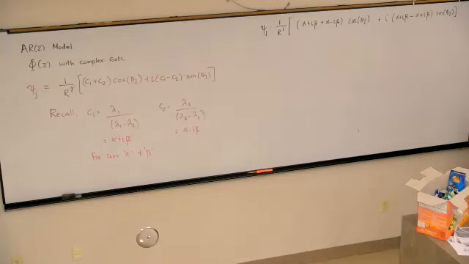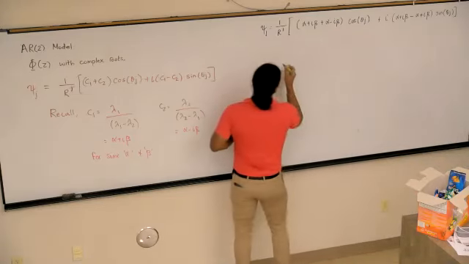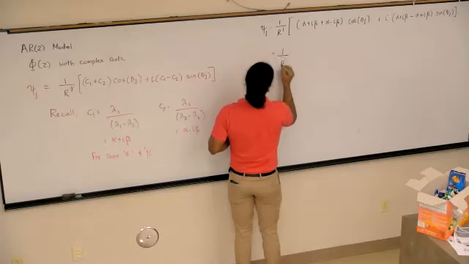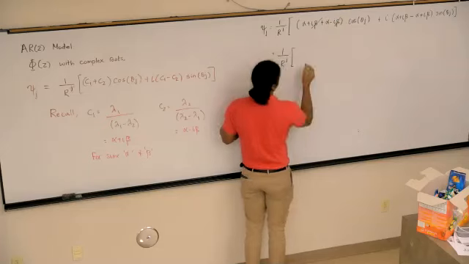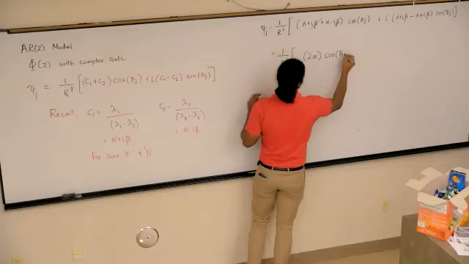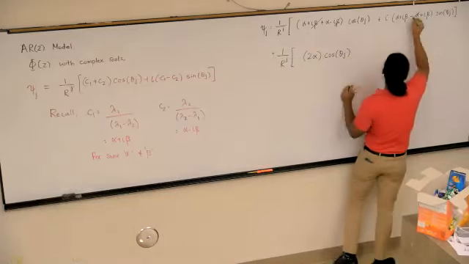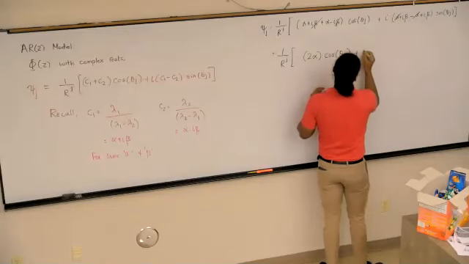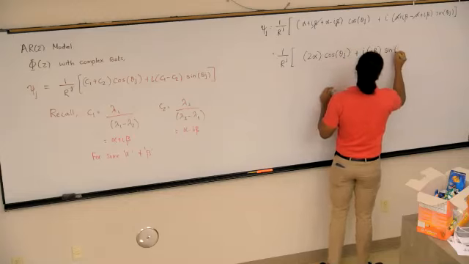Correct. Should that be the conjugate? Yeah, but I'm distributing the negative, right? So in the first term, the i betas will get cancelled. So we will have 2 alpha cosine theta j. In the second term, alphas will get cancelled. I will have i times i beta sine theta j.